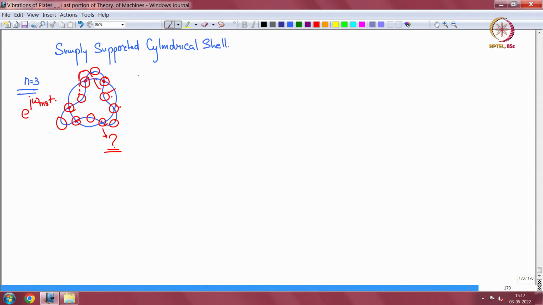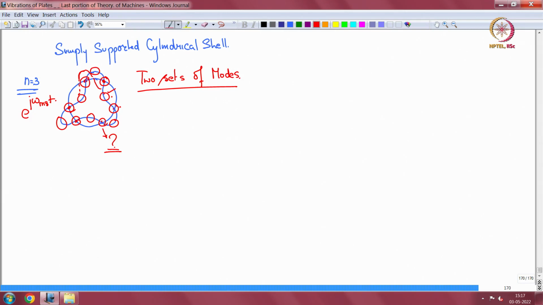So, now, in order to incorporate that rotated picture, we will need 2 sets of modes.